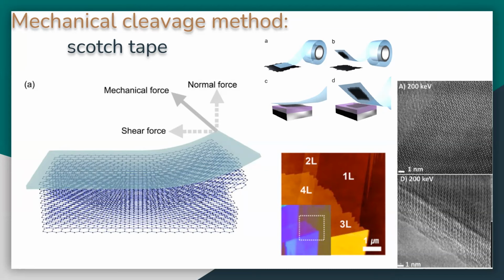So the picture on the bottom, the colored picture, this is an image of chromium thiophosphate extracted as 1, 2, 3, and 4 layers. The inset image is the scanned area for which this picture was produced by an atomic force microscope.